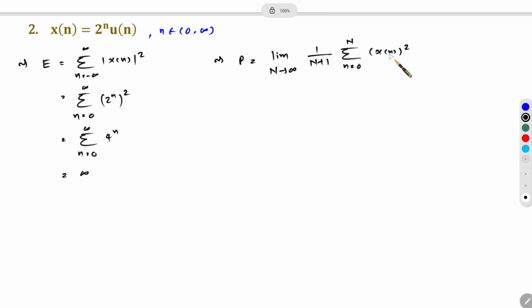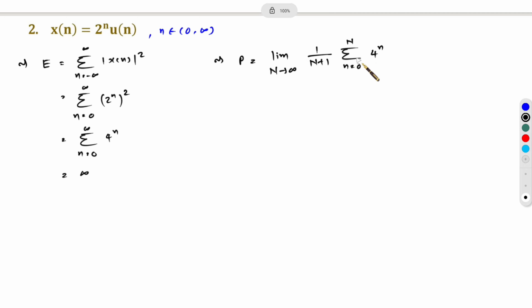Now here if you substitute x of n, then that x of n will be 2 to the power n, right? So this will be in total 4 to the power n if you do squaring of 2 to the power n. Now if you perform this algebraic addition, where n is going towards infinity, then this summation will be infinity.